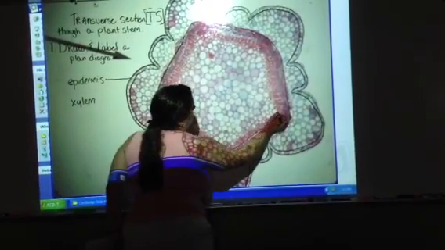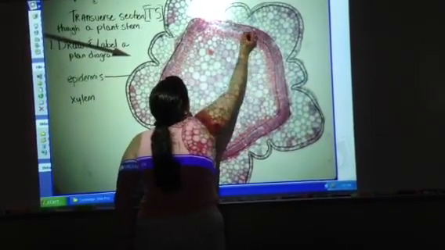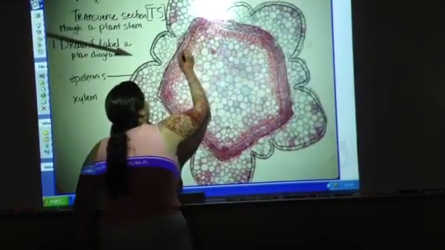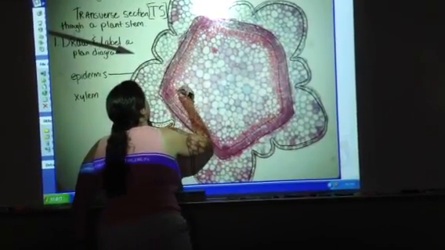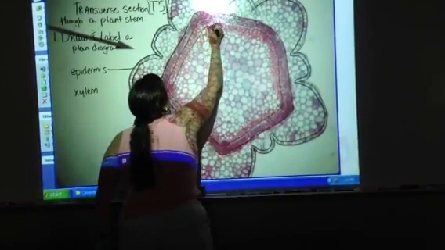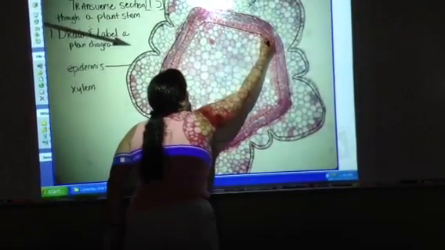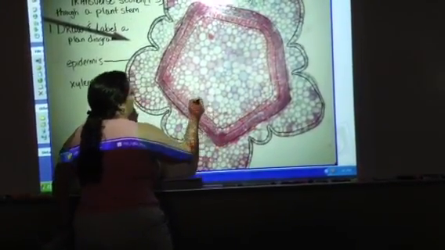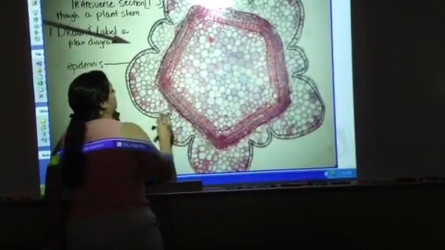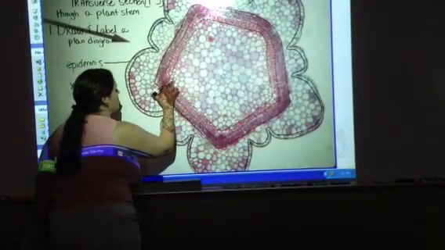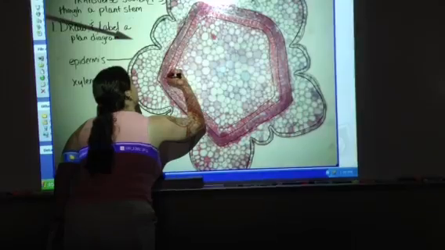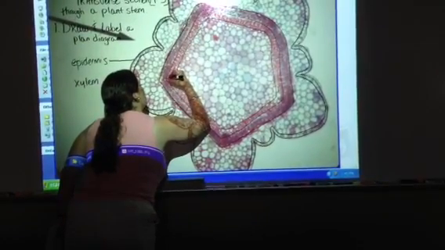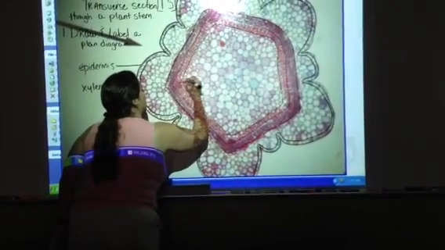So you want to put in a line to designate the difference between those two tissues. And now you're separating that vascular tissue from your pith. Make sure your tails don't show up. Try to make them nice and smooth. Cambridge will grade you down if you don't.